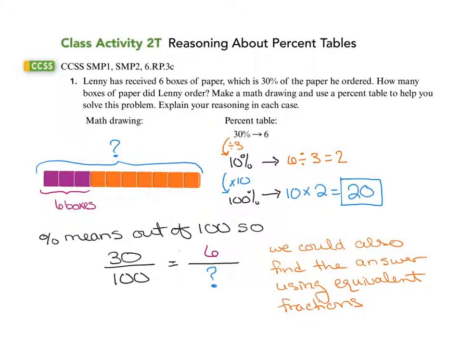Percent means out of 100. So 30% would be 30 out of 100. And we could write this with equivalent fractions. Since we know the 6 corresponds to 30%, we're looking for the whole amount, or what 100% corresponds to.